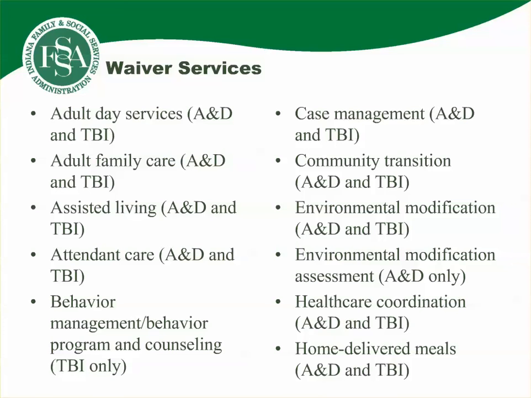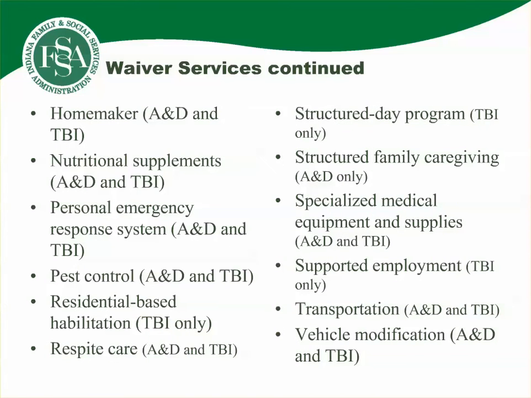For example, behavior management, behavior programming, and counseling. That's only for the traumatic brain injury waiver. Another one is residential-based habilitation, supported employment. And then you'll also see that there are a couple services that are just for the aged and disabled waiver, such as structured family caregiving.